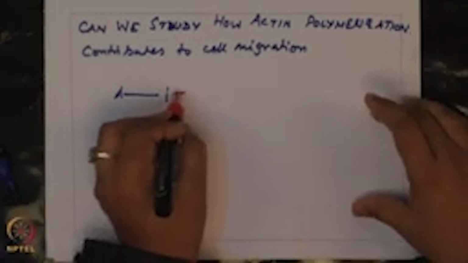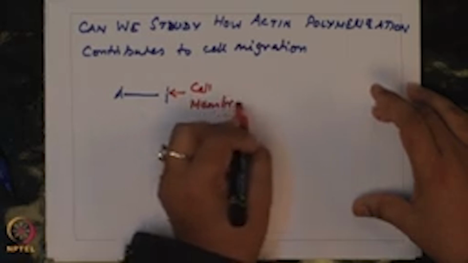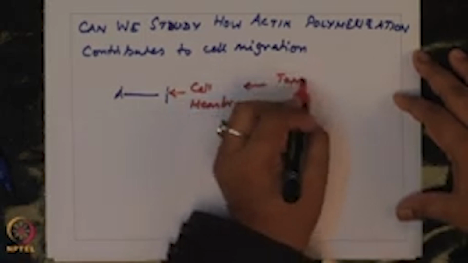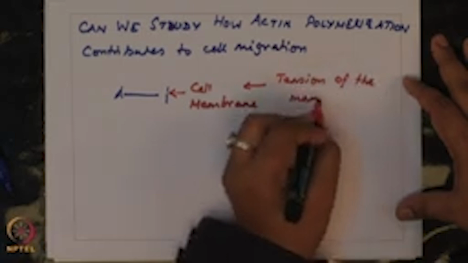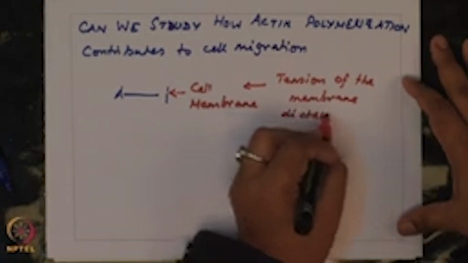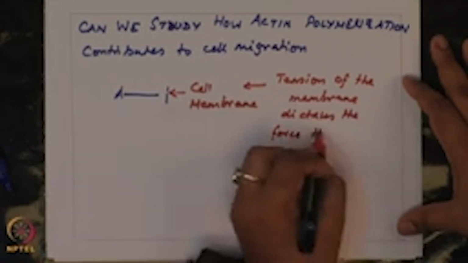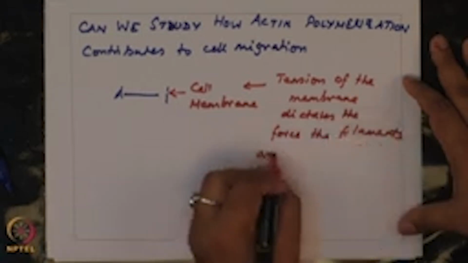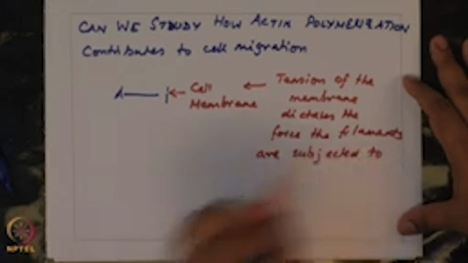The wall is nothing but the cell membrane itself. So, because of some tension in the cell membrane, the tension of the membrane dictates the force the filaments are subjected to.